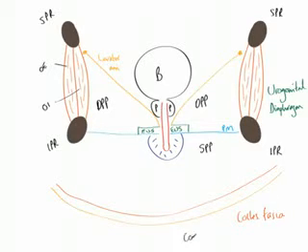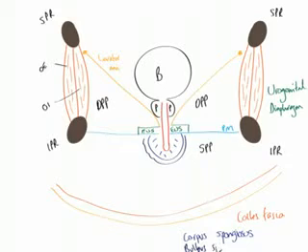So here we have corpus spongiosus. Importantly, corpus spongiosus is going to be surrounded by that layer of muscle, and surrounding corpus spongiosus we're going to have bulbospongiosus muscle.